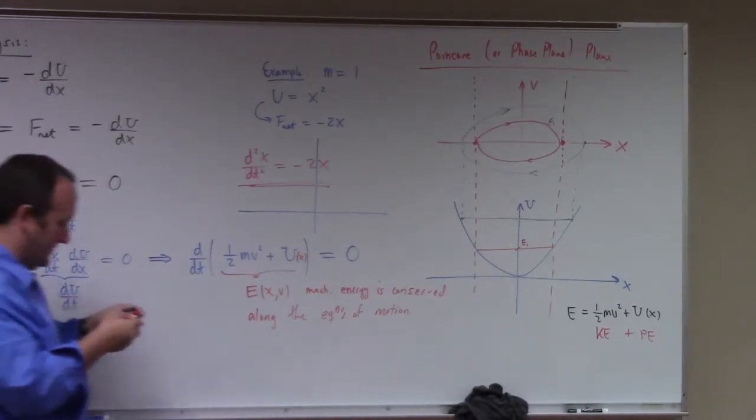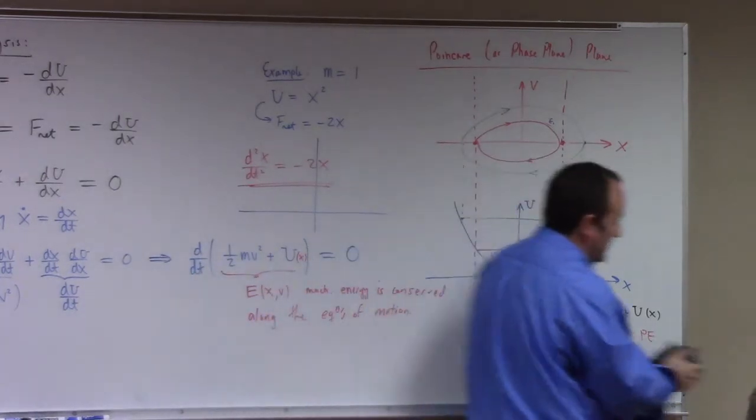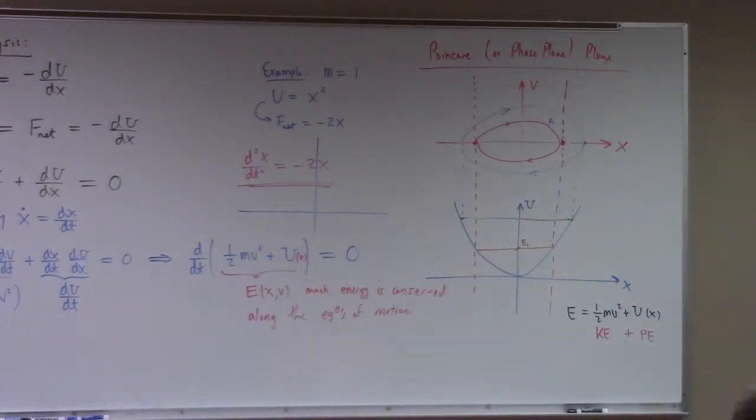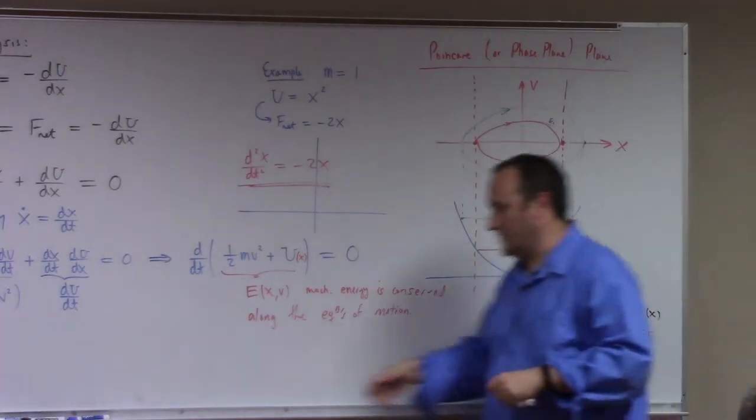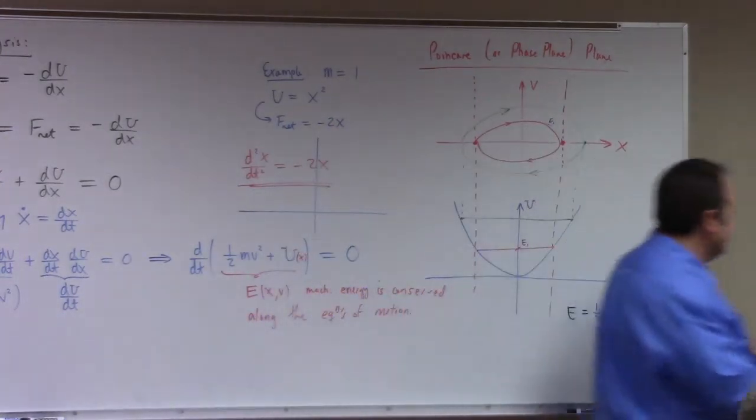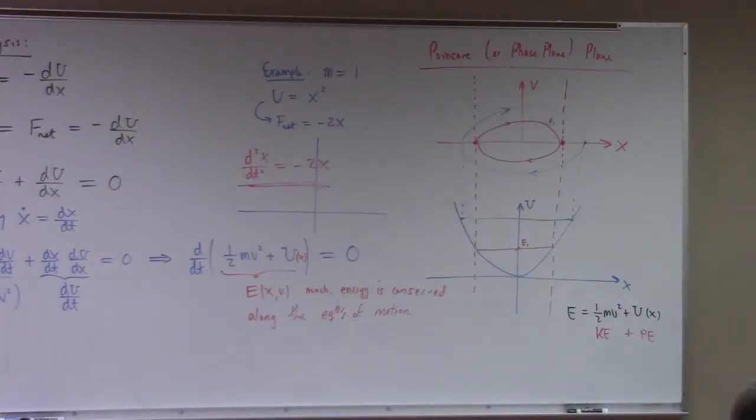Like, we could have something much worse. Let me do one that's worse. I won't even try to conjure up a formula for it. I'm just going to give us a somewhat unpleasant potential energy diagram. So suppose we're given a potential energy that looks like this.